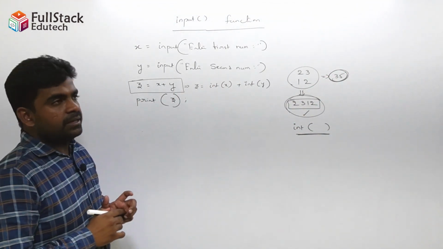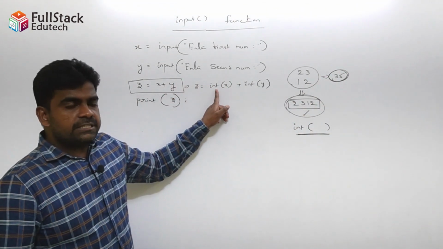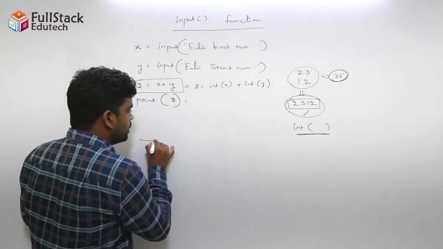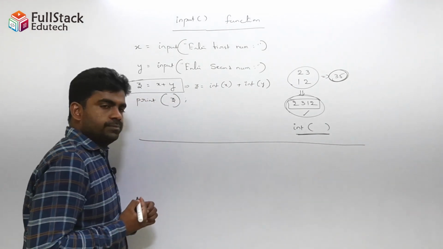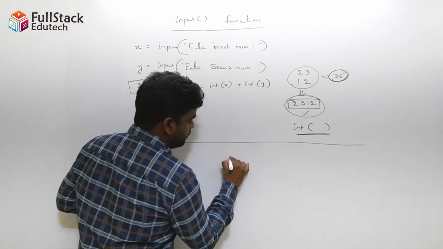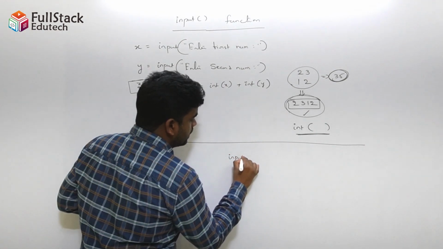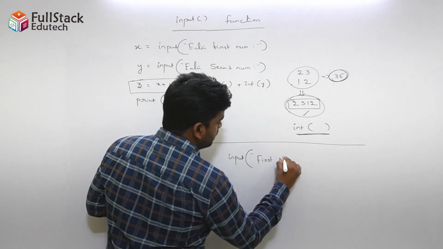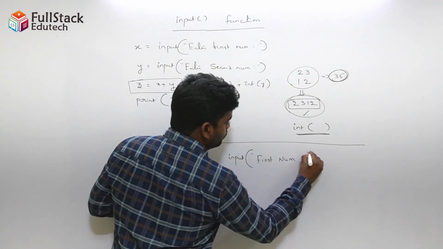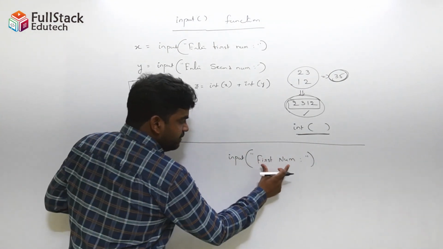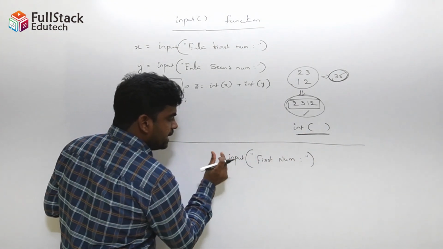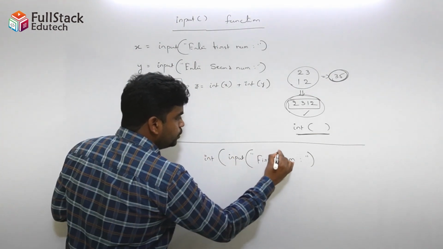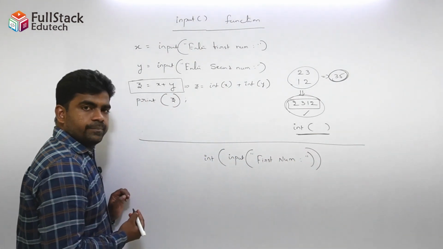Sir, can we do this conversion directly while taking the values? Yes, you can see the output like this also. First, we ask input, "Enter the first number." This message will display in the output. They will enter one number that we collect with input, and we convert it into integer at the same time.